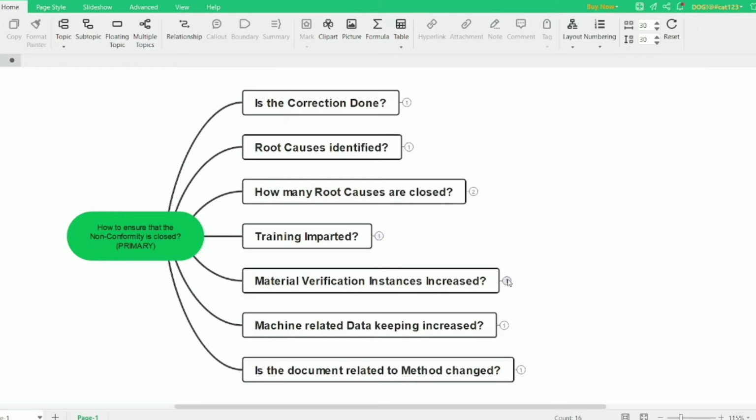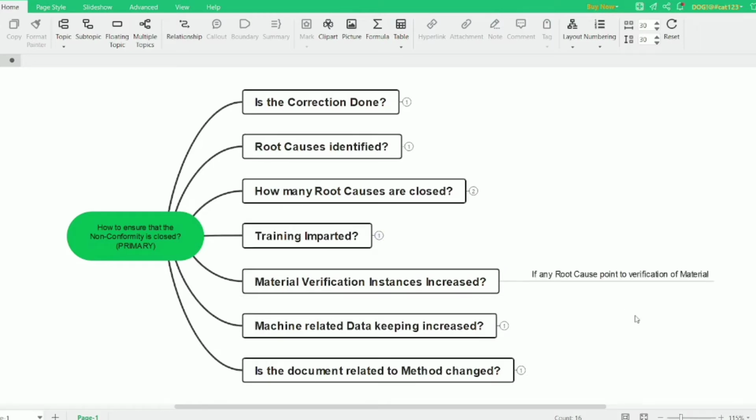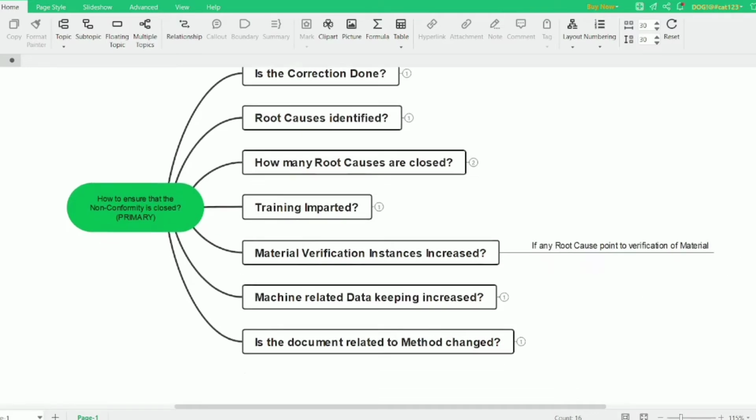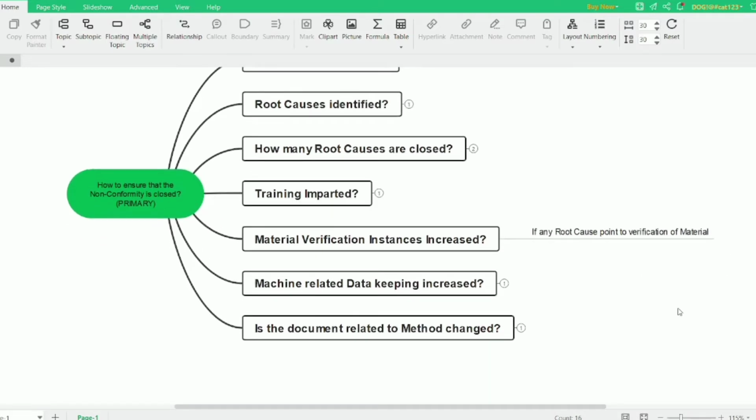Then you should also ensure, if it is related to material, that is, let's say for example in the same case we talked about previously, if the guards were there, where are those guards? And for the machines which have guards, whether those guards are still in good condition or not. So that means you are verifying the material.